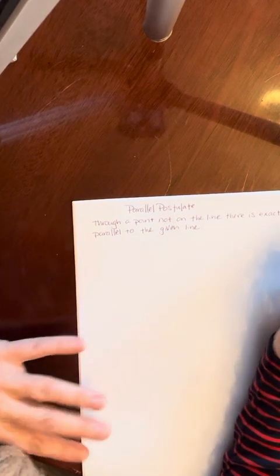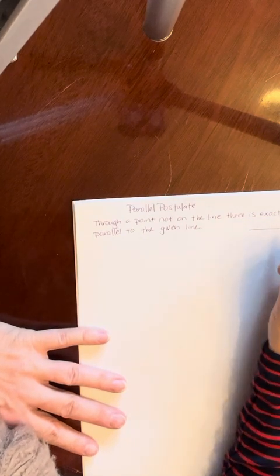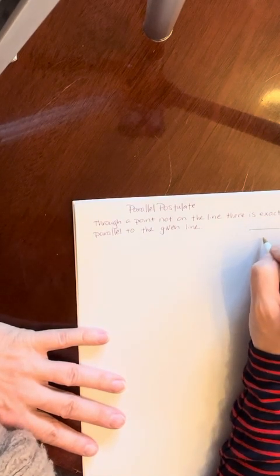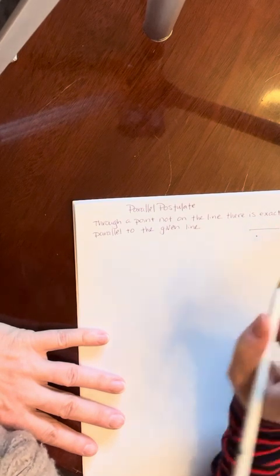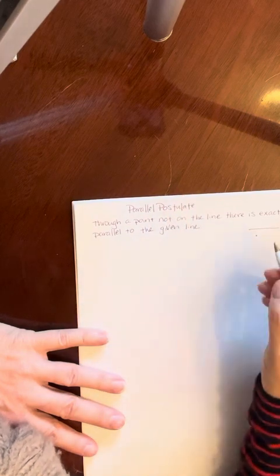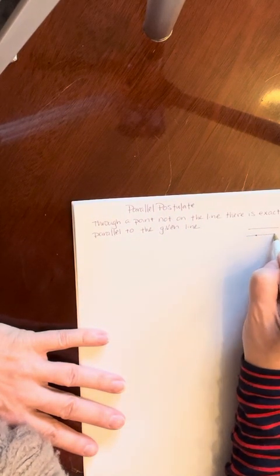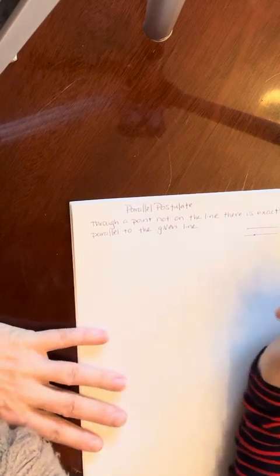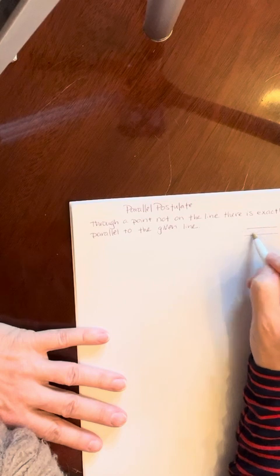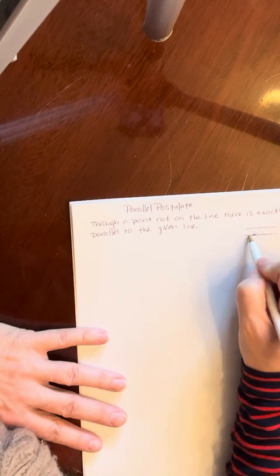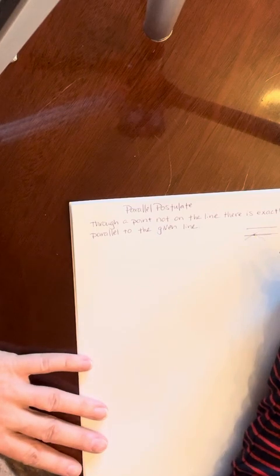So that means if I have a line and a point that is not on the line, doesn't matter where, as long as it's not on the line. So I'm going to put mine right there. There is only one parallel that will go through this point and is parallel to this line. That's it. There's only one. If I drew the line any differently through the point, it wouldn't be parallel, right? So there's only one line that is parallel to this given line through that given point.